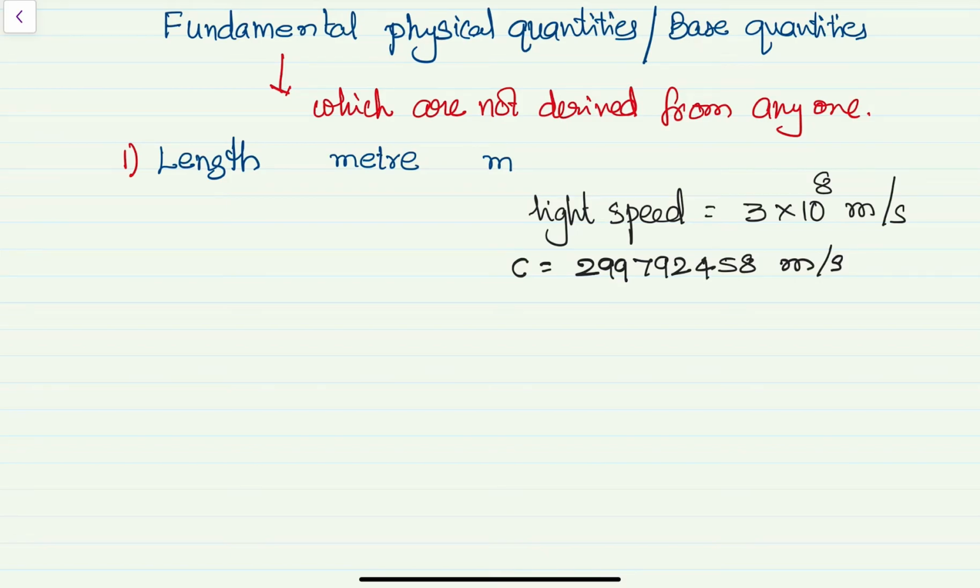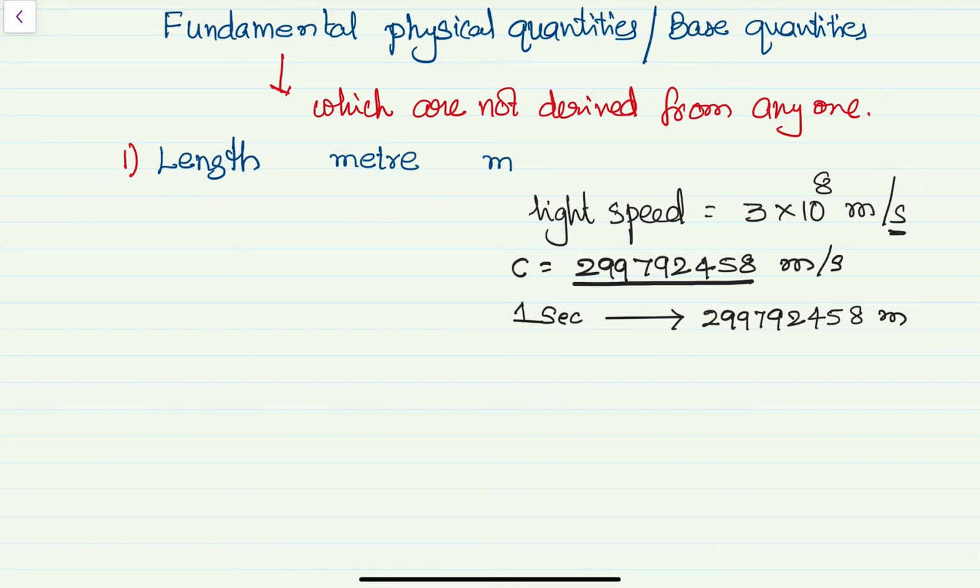That means in 1 second the distance traveled by light is 299,792,458 meters.